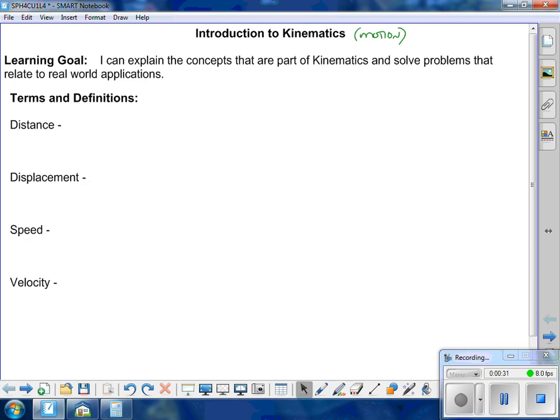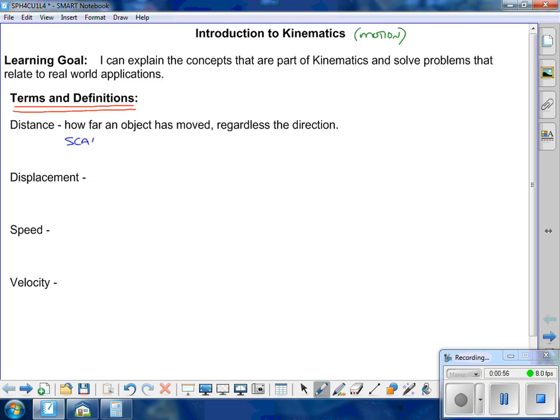So we gotta get rid of the boring stuff first, definitions, because when I use a term or definition, it's very important that you are able to understand what I'm talking about. So the first one is distance, which is something that you're very familiar with. Distance is how far an object has moved, regardless of direction. That means that we are dealing with a scalar.